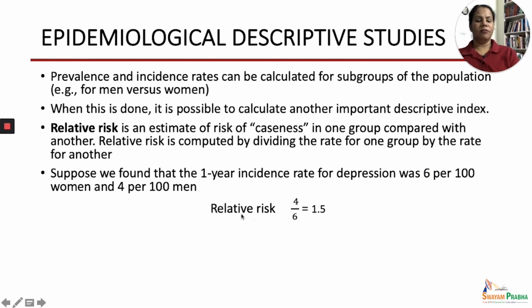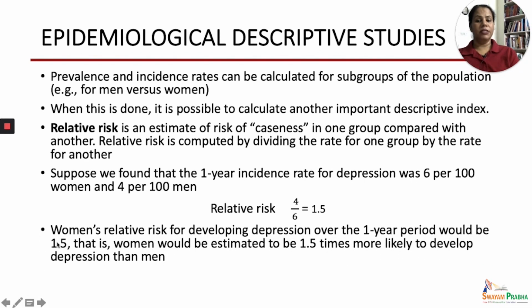So for relative risk we will be calculating the rate for women divided by the rate for men, so it comes as 1.5. So what does it mean? So relative risk is 1.5. So it means women's relative risk for developing depression over a 1 year period would be 1.5, that is, women would be estimated to be 1.5 times more likely to develop depression than men.